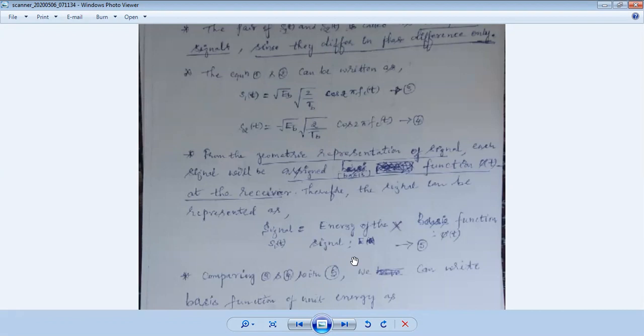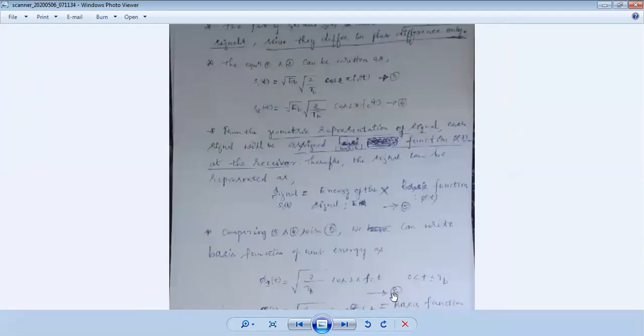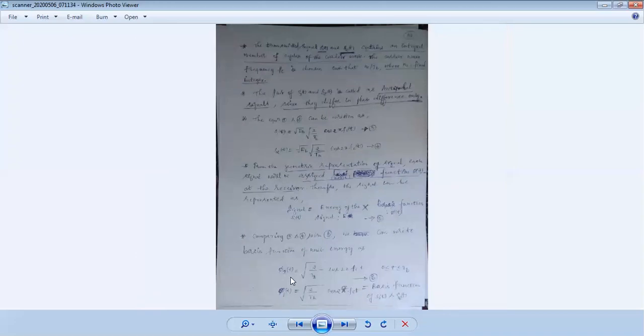So when you compare equations 3 and 4 with this basic definition, we get the basis function phi 1 of t is equal to square root of 2 by T into cos 2 pi fc t. This is the basis function of S1(t) and S2(t).